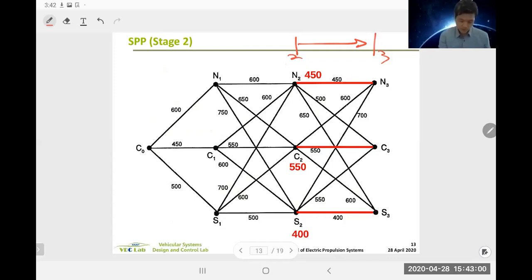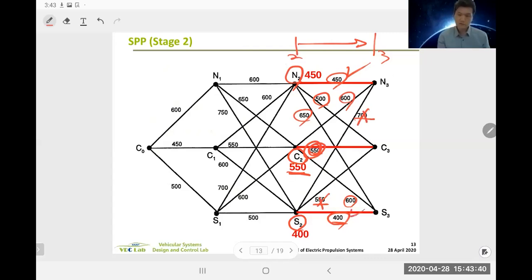So for example, starting from N2, 450, 500, 650. So this is optimal. Starting from C2, 600, 550, 600, so 550. So this one. Starting from S2, 700, 550, and 400, so 400. And that means you can delete these options.